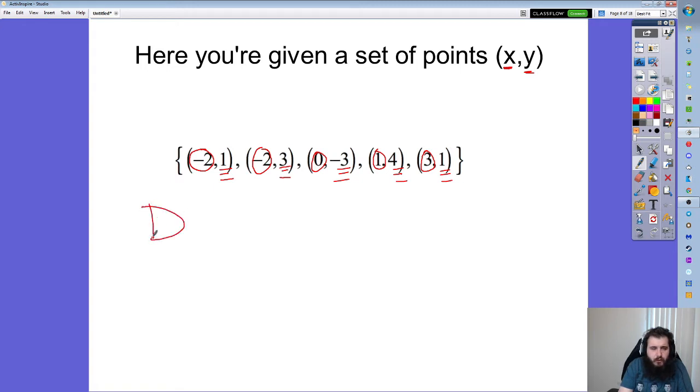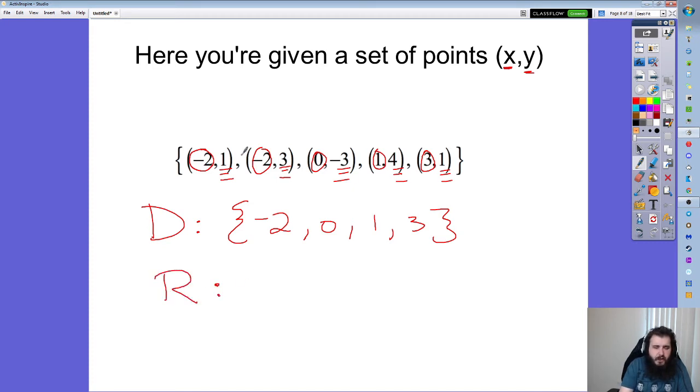It doesn't matter. We don't care how many times it comes up. We just want to know if it's there. So -2 comes up, 0 comes up, 1 comes up, and 3 comes up. That's our domain. We don't care if it happens more than once. We just care that it happens.